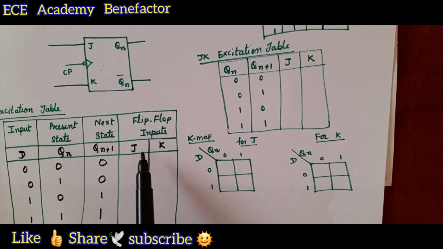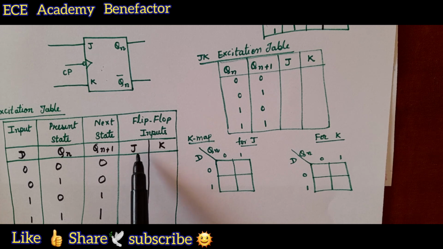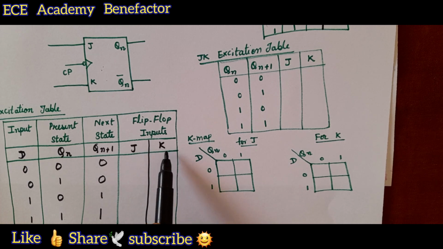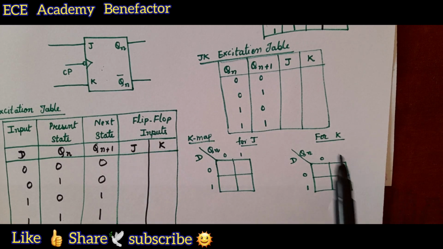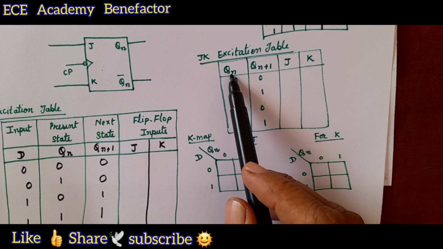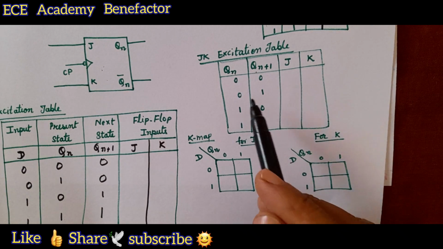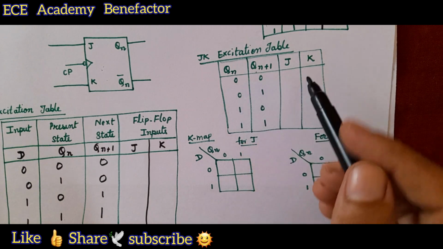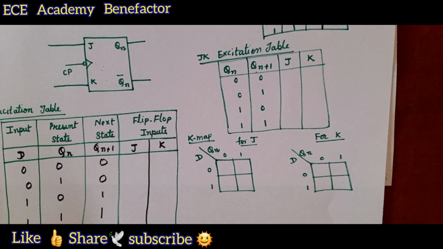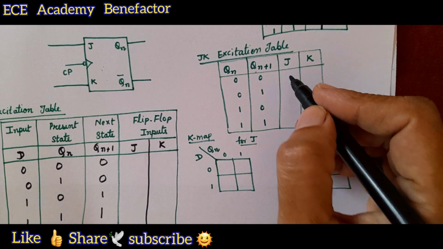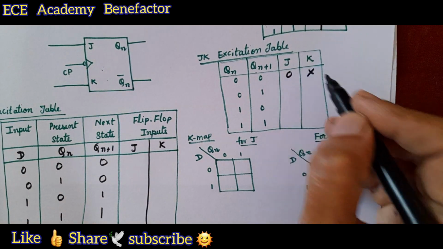Now, we need to fill this flip-flop inputs. To fill the flip-flop inputs, we should know the excitation table of JK flip-flop. The excitation table is written between Qn and Qn plus 1. Okay. So, when it is 0 0, it is 0 x.